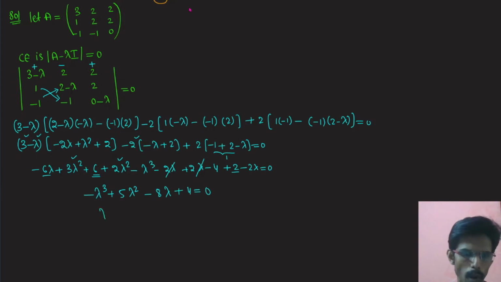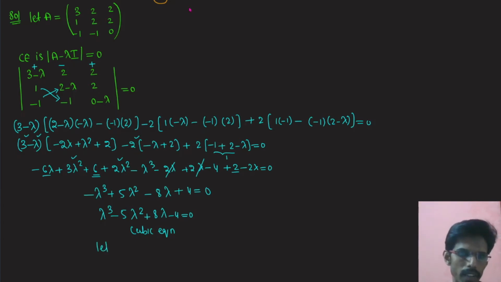Now take minus common, we have lambda cube minus 5 lambda square plus 8 lambda minus 4 equals 0. This is a cubic equation having 3 values of lambda.